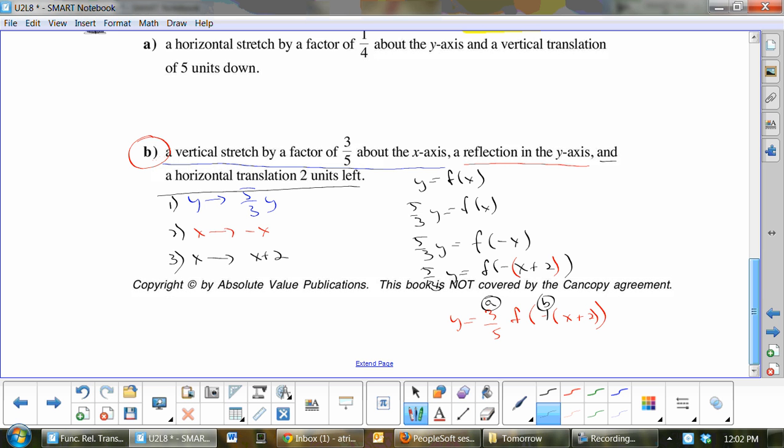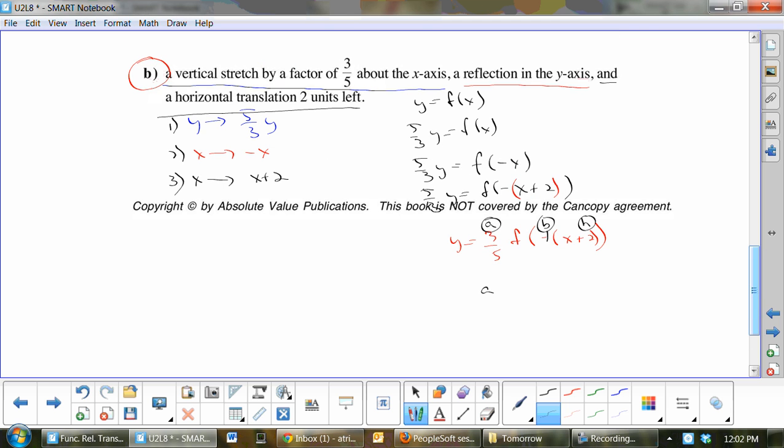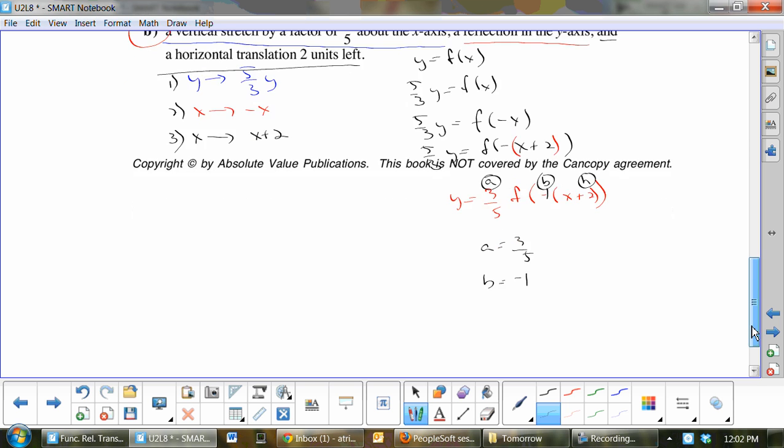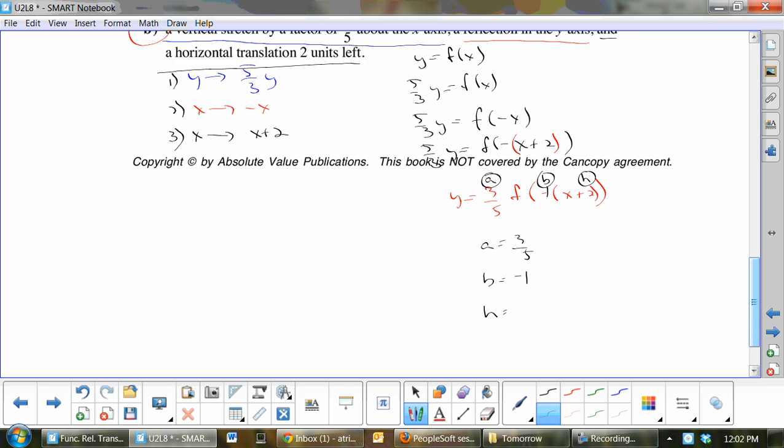C, or sorry, H. Yeah, very good. I should write these down. So A is 3/5. B equals -1. What is H? Look at the form above. -2. Very good. Okay, because we should be writing minus -2, right? What is K? 0.